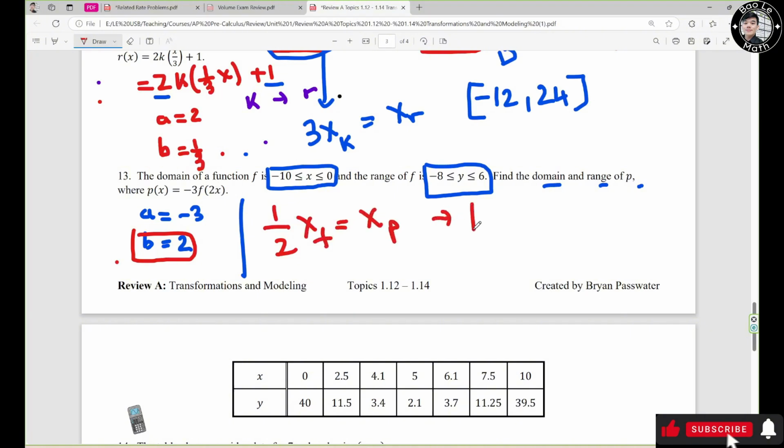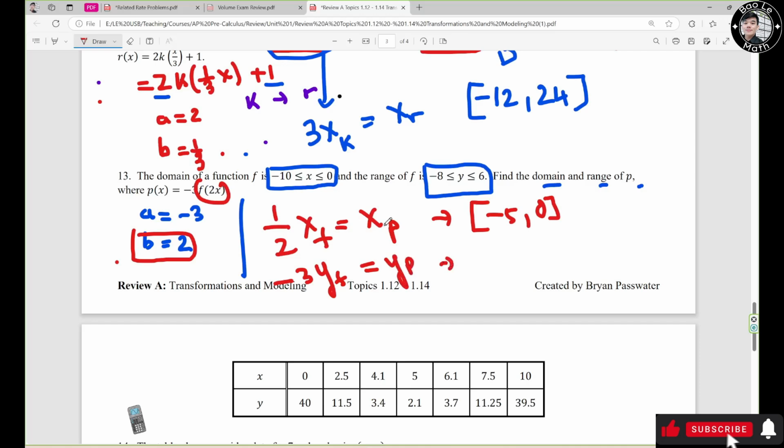So we have the domain. Now, the domain of the function f is negative 10 to 0. You substitute negative 10 for sf right here. Alright, so it's going to be negative 5. And 0 substitute over here, it's going to be 0. Alright, now the range is going to be negative 3 of yf, right? This one right here equals yp.